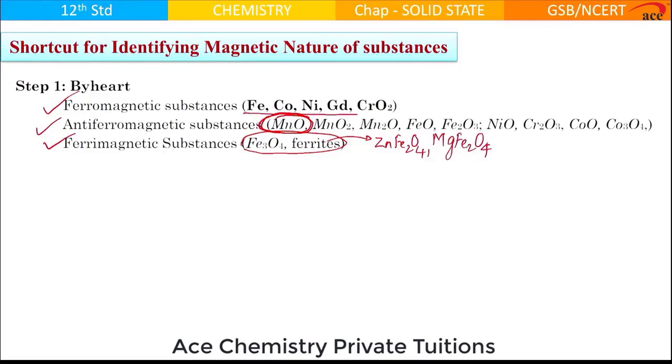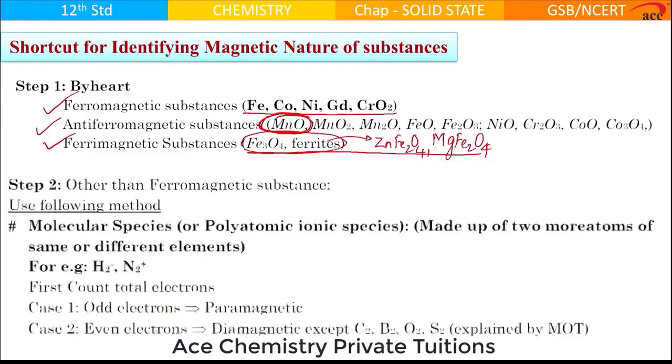Learn these 5 examples by heart as per NCERT, and only 1 for anti-ferromagnetic. After you have learned these as step number 1, go to step number 2. All remaining substances are other than ferromagnetic, that means they can be either diamagnetic or paramagnetic.